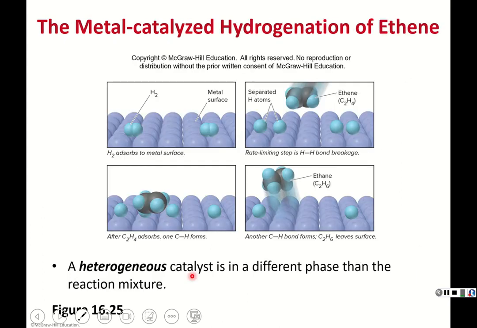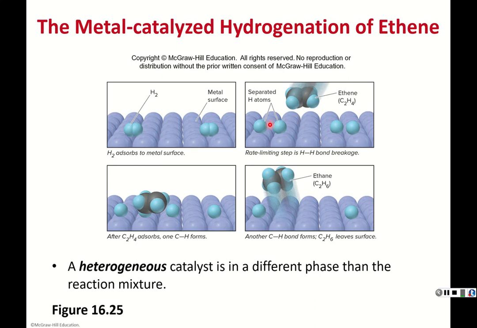Some other catalysts you can have: metal. Metals are used oftentimes to catalyze reactions. So in this example, we have H2 gas being absorbed onto a metal surface, and then hydrocarbons can come close by, like this ethene, and that catalyzes the reaction of ethene to ethane.